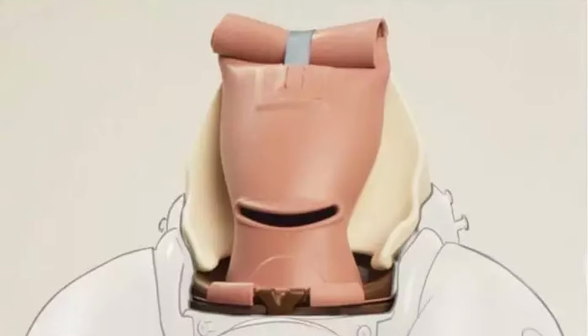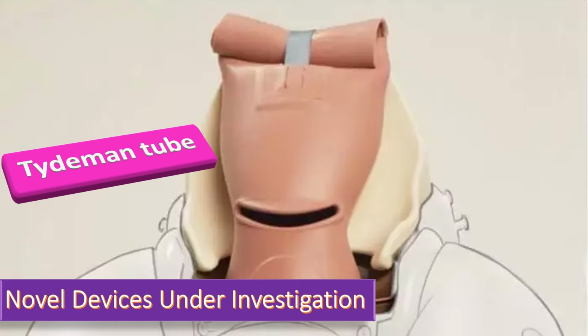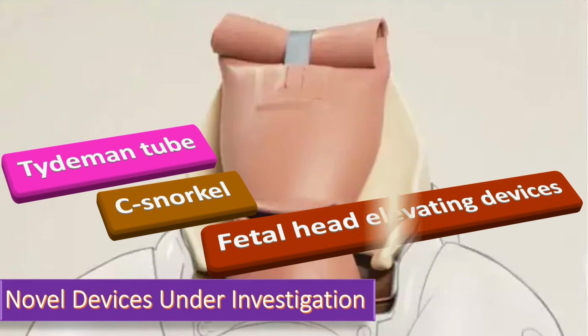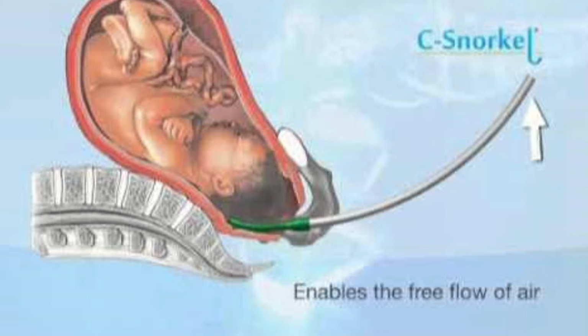Now there are certain novel devices under investigation, which include the Tydeman tube, the C-Snorkel device, and fetal head elevating devices. Now here we have the Tydeman tube, which is a single-use hollow silicone tube that is inserted vaginally, but the clinical significance of this elevation is unclear, and there are limited real-world data about this tube's use. Next is the C-Snorkel device.